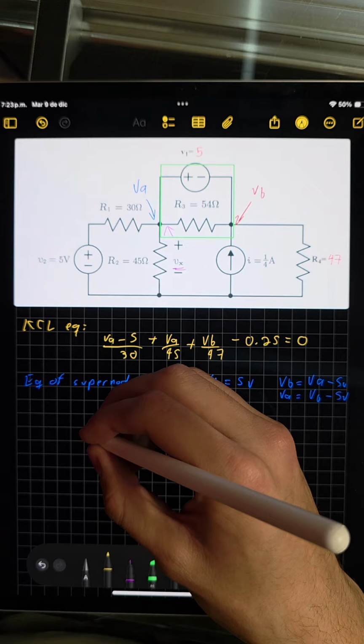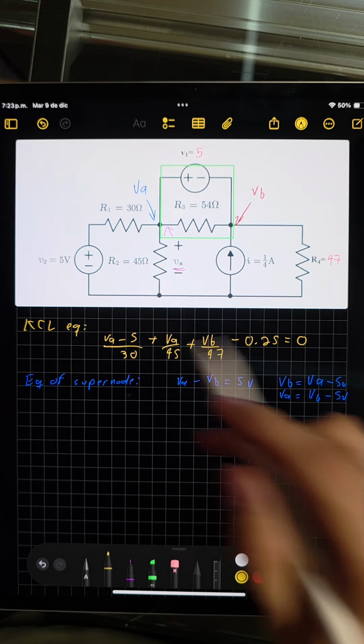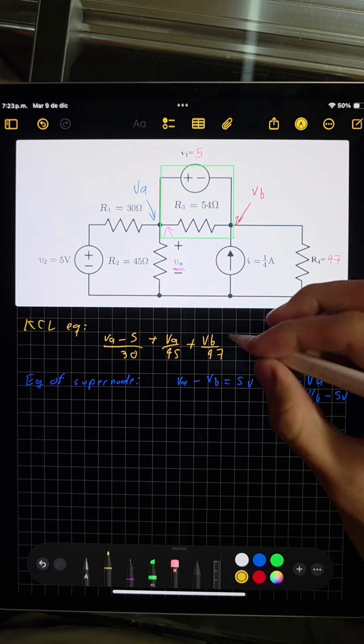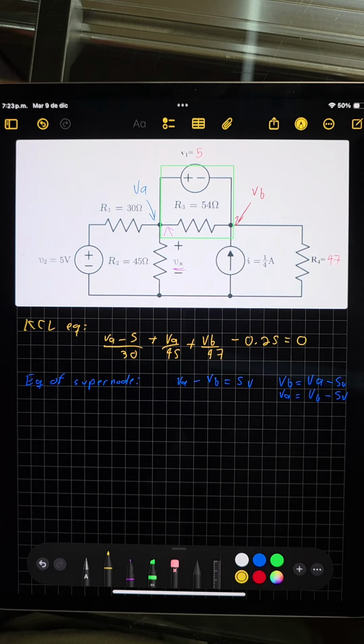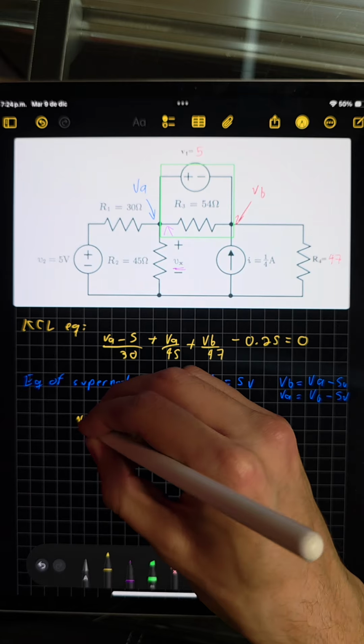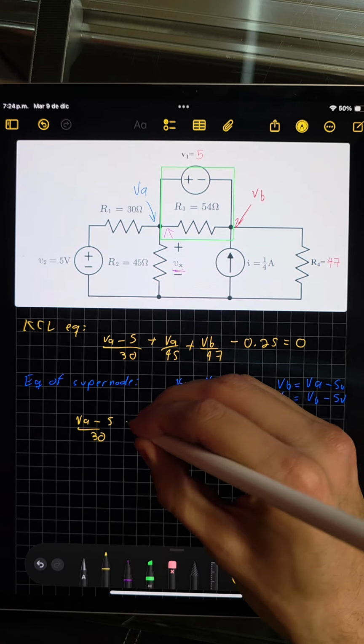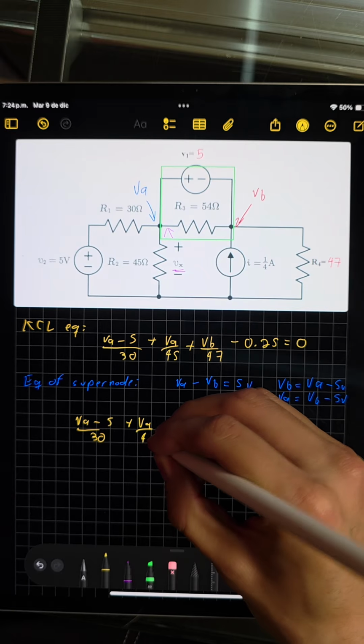So now we're going to start solving the Kirchhoff's current law equations for VA, since we have two of them and we just have one VB. That's the one that we're going to substitute into the circuit. So now we have voltage A minus 5 over 30 plus voltage A over 45.